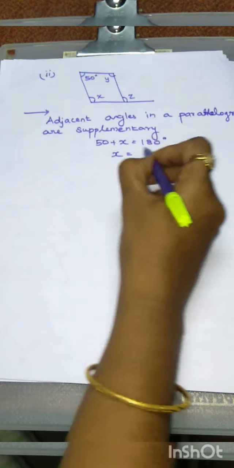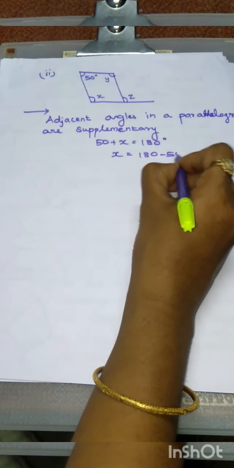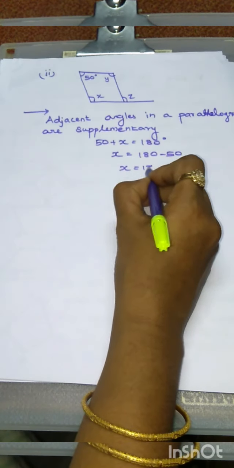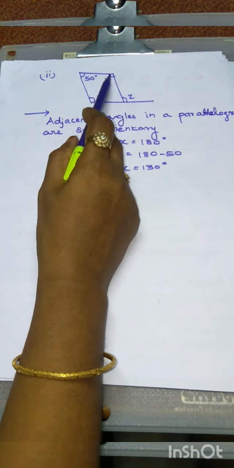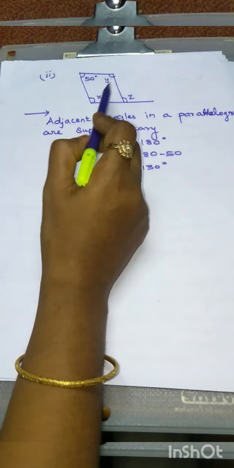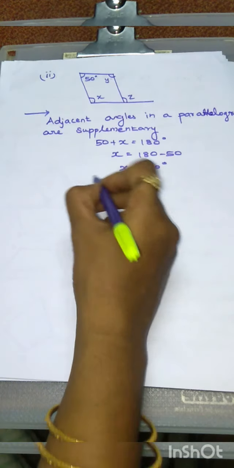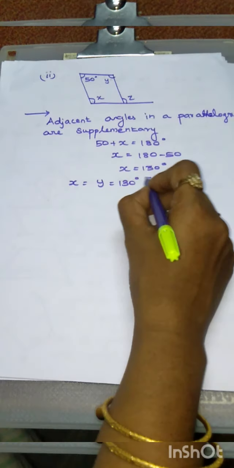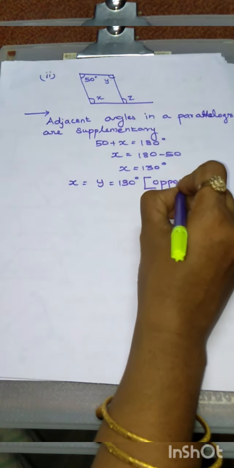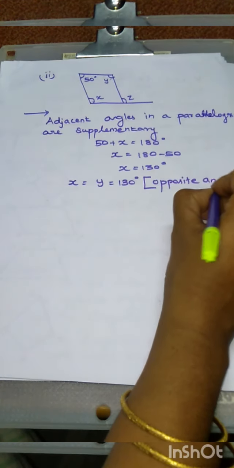So what about x value? 180 minus 50. So x is equal to 130 degrees. x is equal to 130 degrees means automatically y is also 130 because the two angles are opposite angles. So x is equal to y is equal to 130 degrees. The reason is opposite angles are equal.